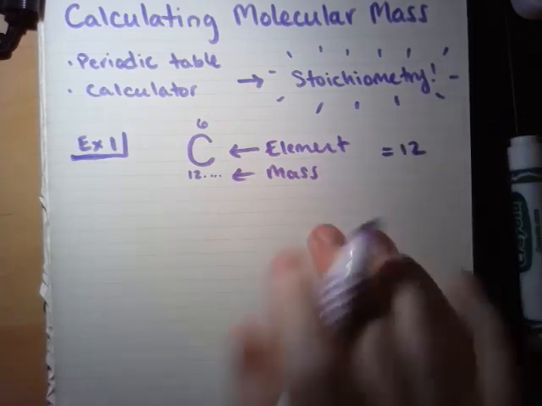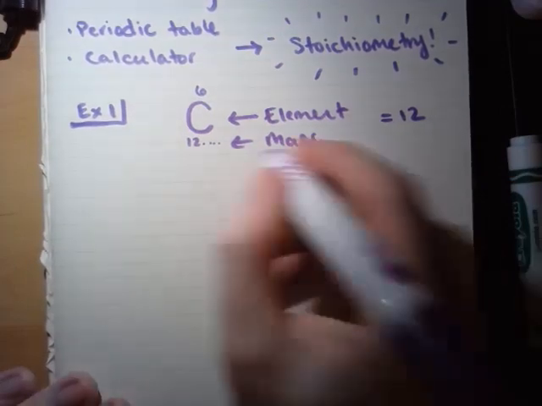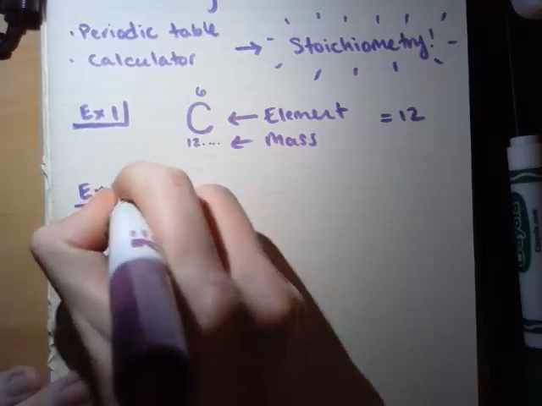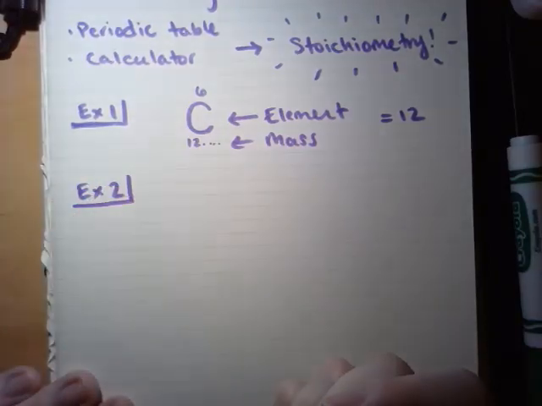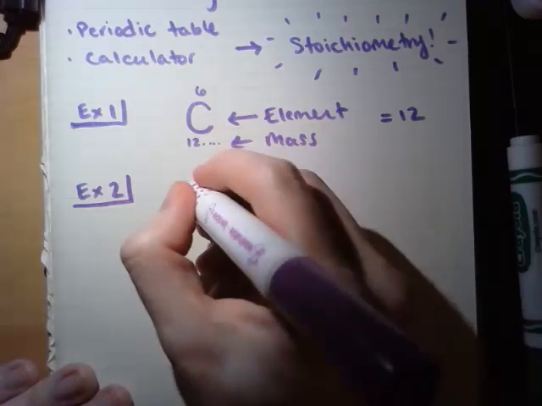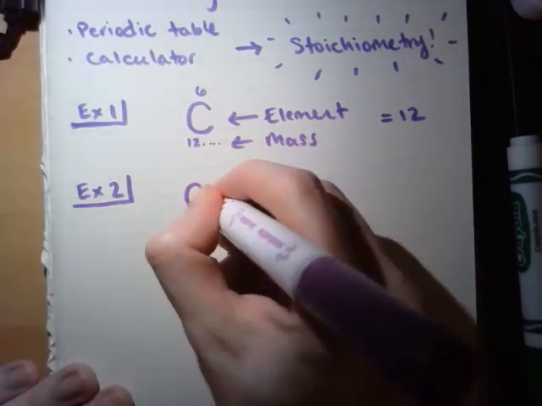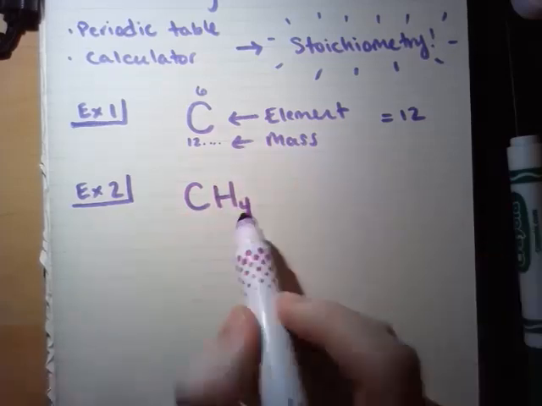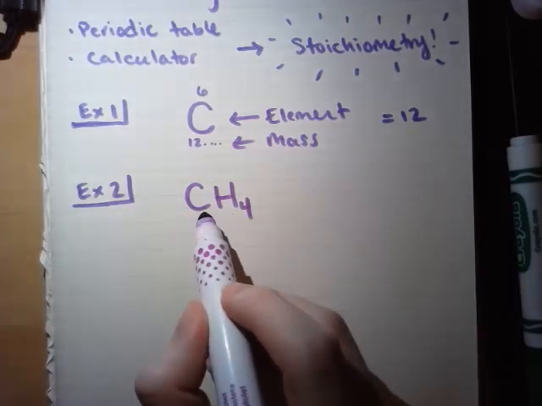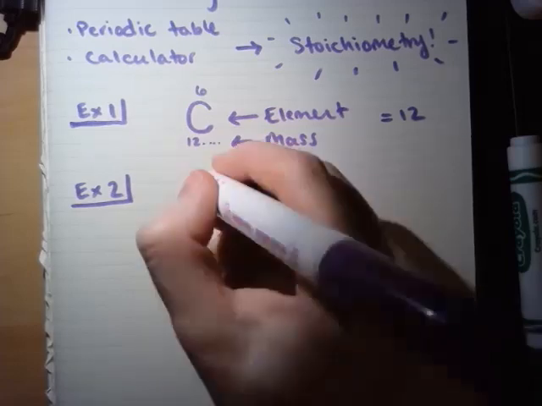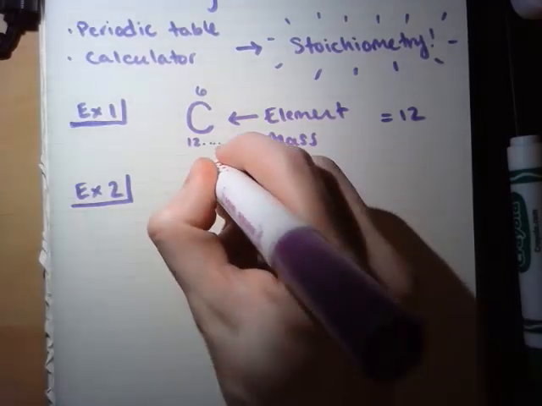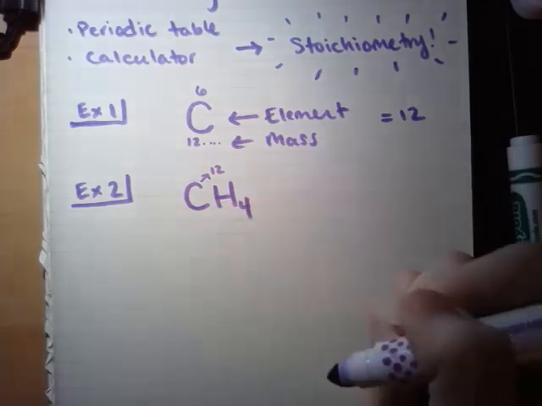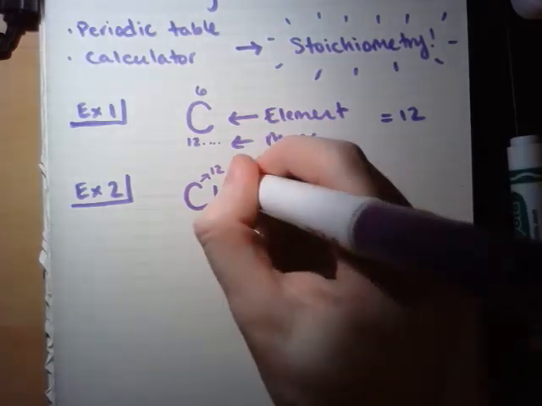Now, example number 2. If we have something a little bit more complicated, still C, we have H4. So now we have a subscript and this H in addition to the C. Remember that carbon has a mass of 12. If we look up hydrogen on the periodic table, that gives us a 1.